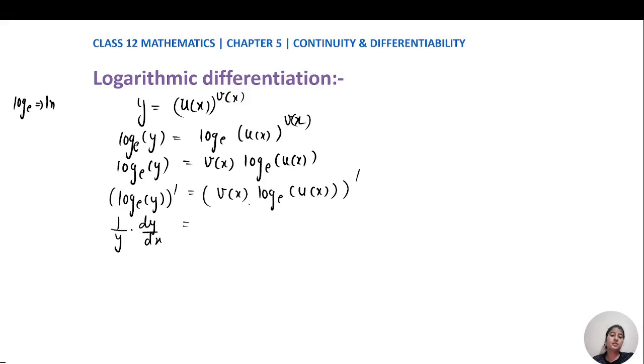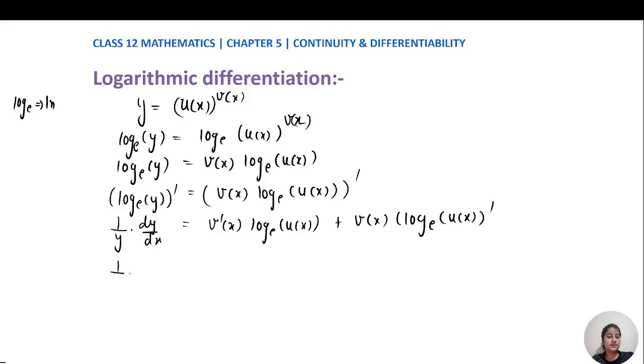Then on the next side, first use our product rule, that is v dash of x multiplied by log e of u of x plus v of x multiplied by the derivative of log e of u of x. So this will be 1 upon y dy by dx equals v dash of x log e of u of x plus v of x.